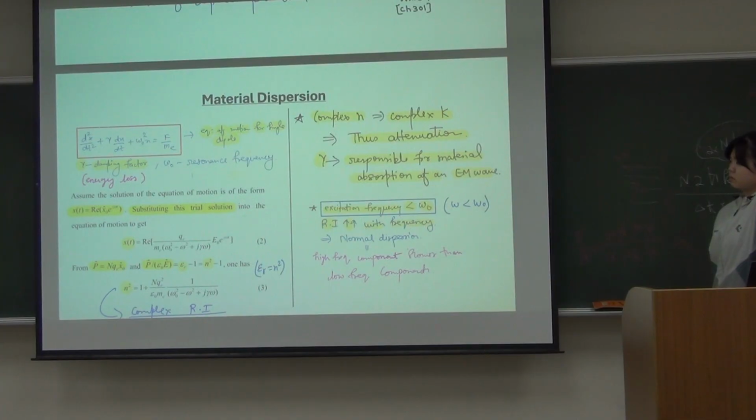It could occur in the waveguide. Previously we have the waveguide dispersion like this, which defines the cutoff frequency. And in a prism, you also have this, and this is the prism frequency.